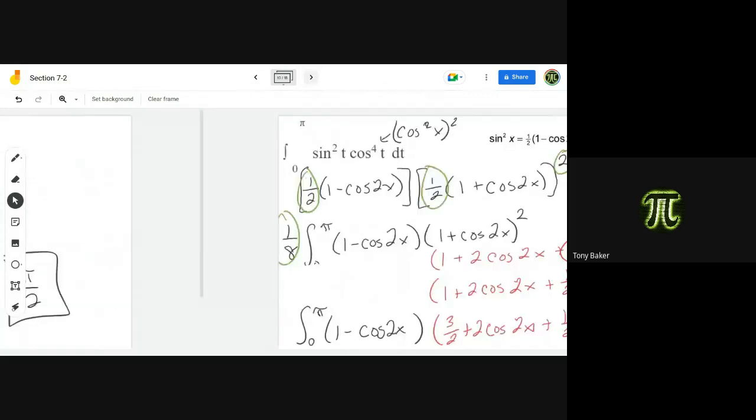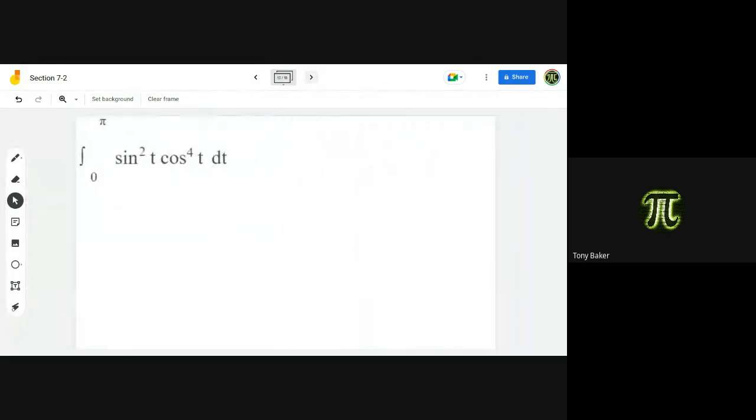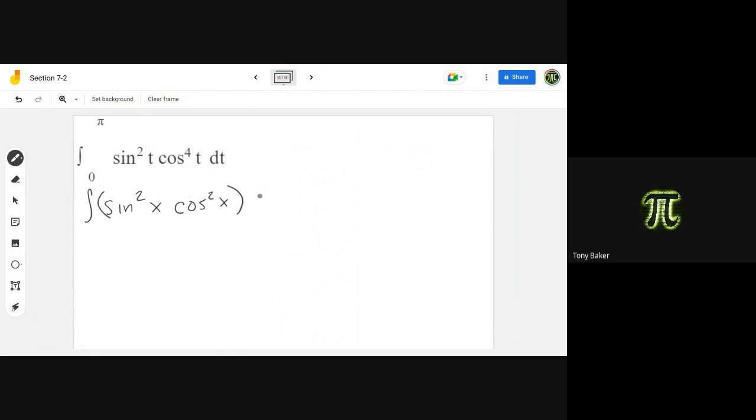So we have sine 2x, cosine 2x, cosine 2x dx.